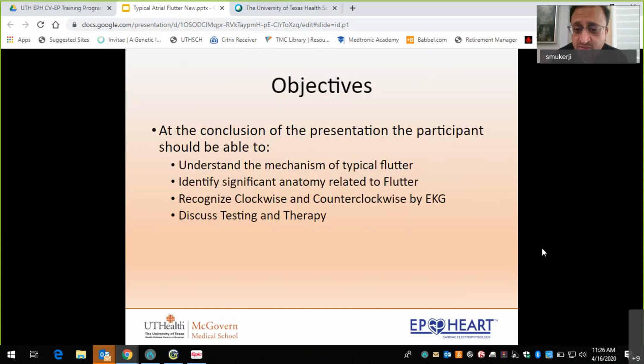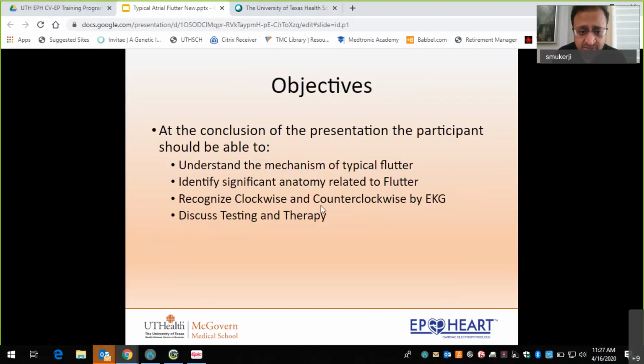Again, I'm not throwing this term to confuse you, but it's basically to explain the mechanism. And that's the reason why we're so successful in terminating this tachycardia. So in EP, it's all about understanding the mechanism. Once you understand the mechanism, you know exactly what to do. And that also dictates the success of procedures. When you know it's reentry, the chance of success is pretty high.